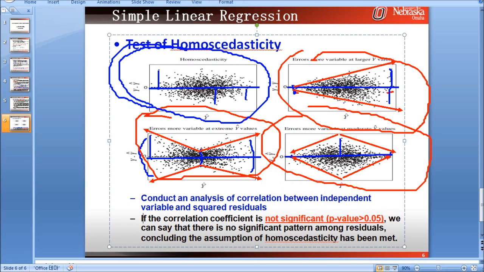If the correlation coefficient between independent variable and squared residuals is not significant, I mean p-value is greater than 0.05 alpha level, then we can say that there's no significant pattern among estimation errors or residuals, concluding the assumption of homoscedasticity has been satisfied.